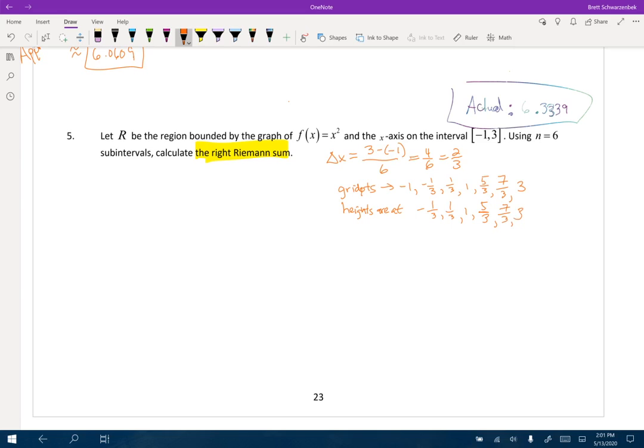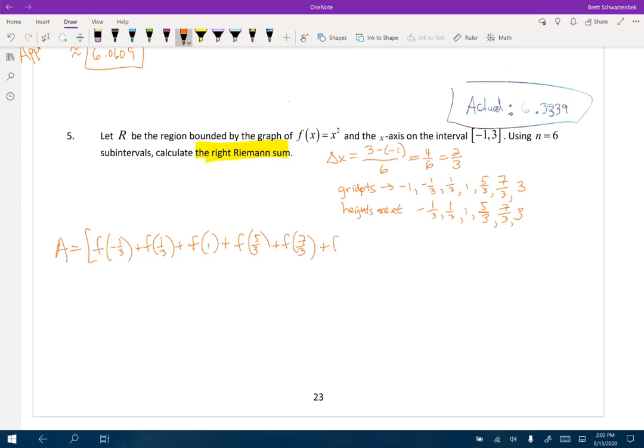Okay, so for the area computation, what does that look like? I'm going to move it down a little bit because it's going to be longer. So we're looking at f of our first grid point, which is -1/3, plus f of 1/3, our next, plus f of 1, plus f of 5/3, plus f of 7/3, plus f of 3.